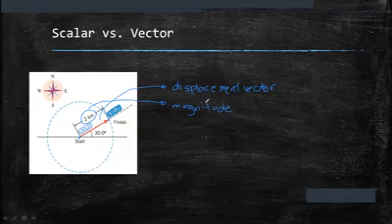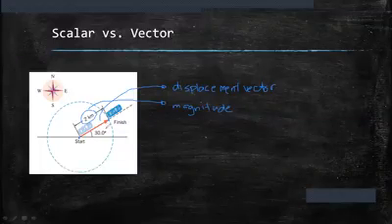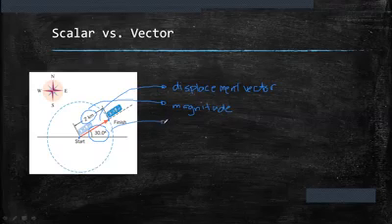The magnitude of the displacement vector. By convention, the length of the vector arrow is proportional to the magnitude of the vector. 30 degrees gives us the sense of the direction of the displacement vector.